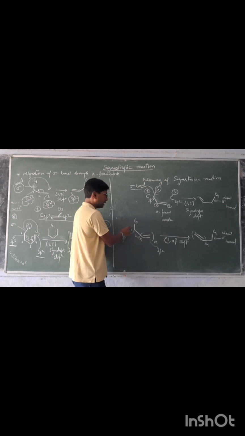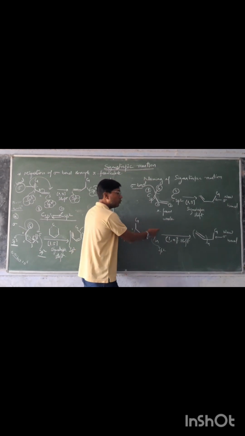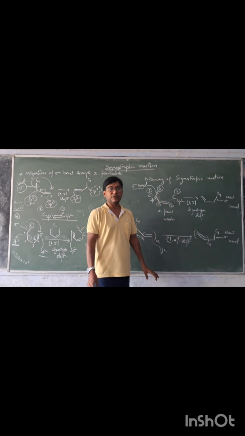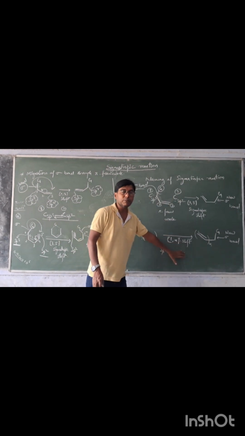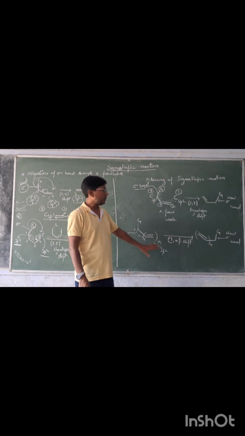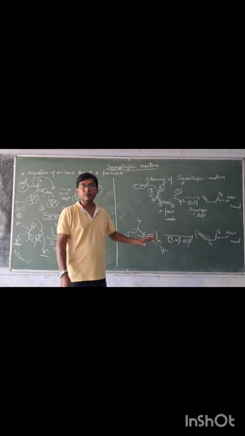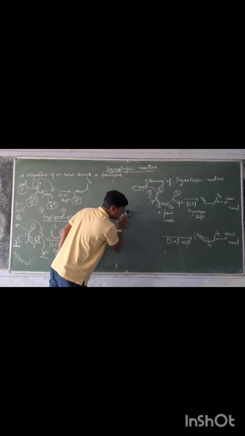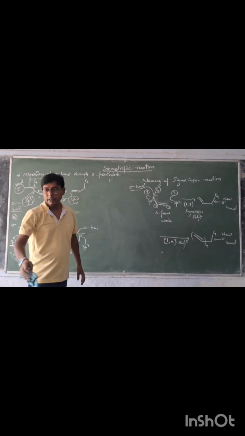This involves migration from position number 1 to position number n. Therefore, we call it a 1,n shift. From this example, we can clearly say that only 1,5 shift, 1,7 shift, that is, odd numbers, will be used.